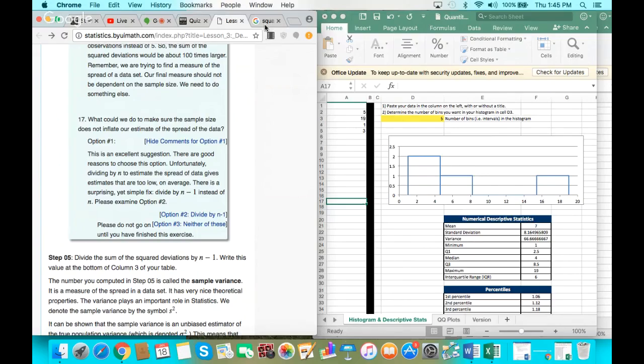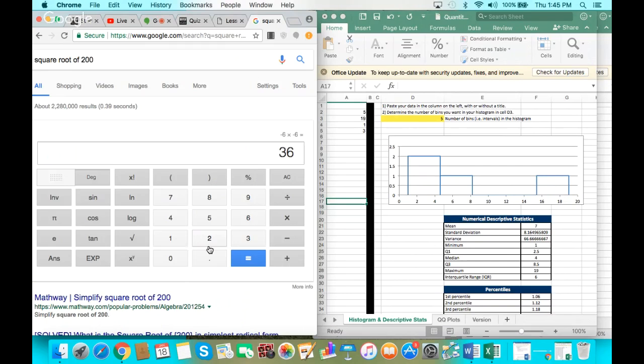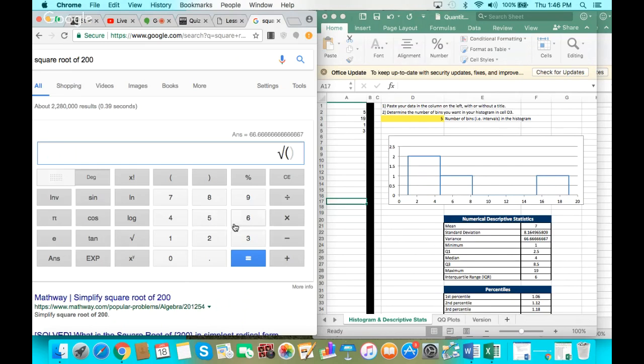So we divide 200 by 3? 200 divided by 3 equals 66.6666. Okay, so square root of that, answer 8.1. Oh, we did it. Yay!